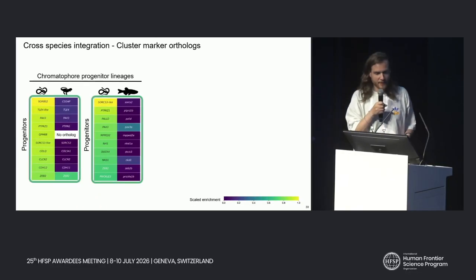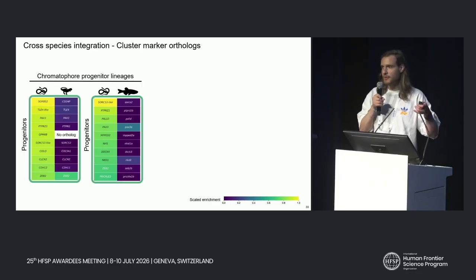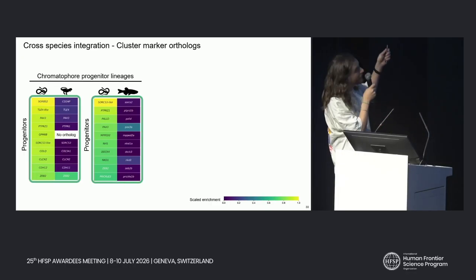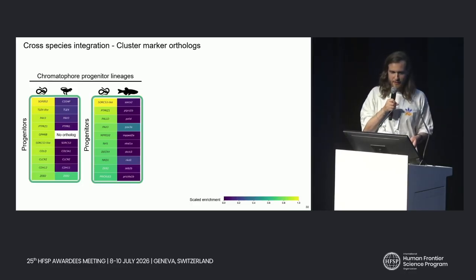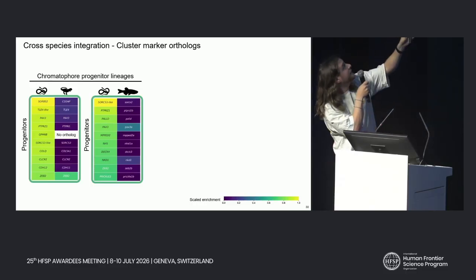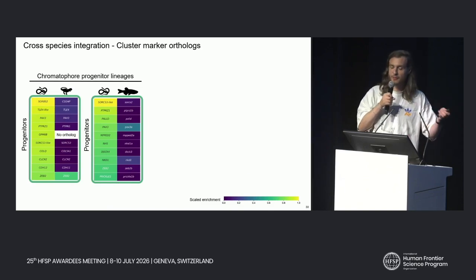And then finally, what we wanted to do is look at the transcriptional profiles of the different pigment cells across species. What we see here on top is the top 10 corn snake progenitor markers and their orthologs in the bearded dragon and in the zebrafish, and the color is the expression enrichment.